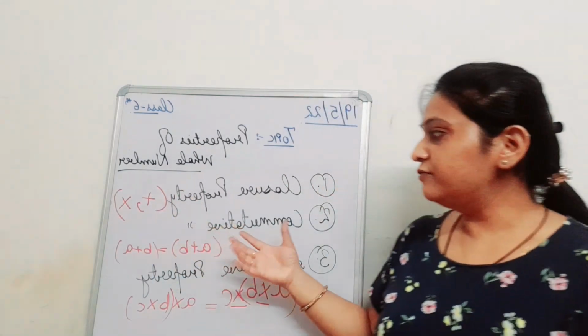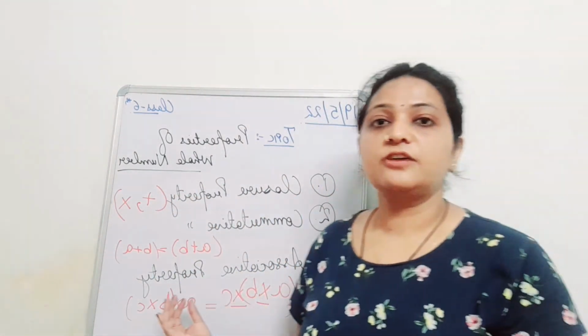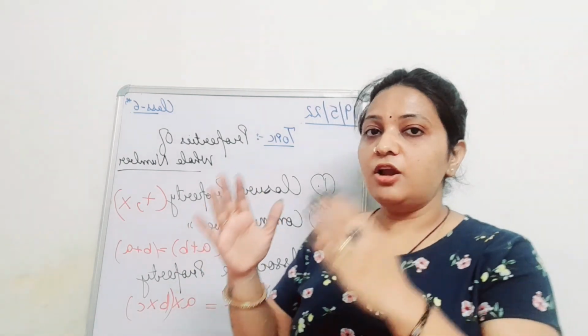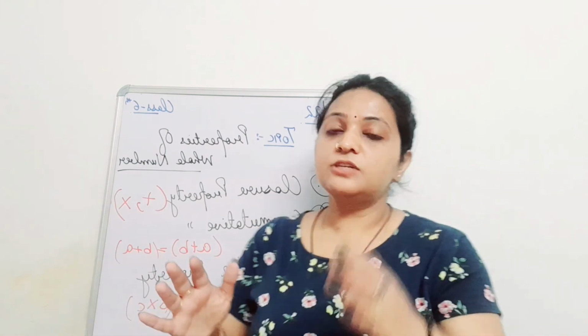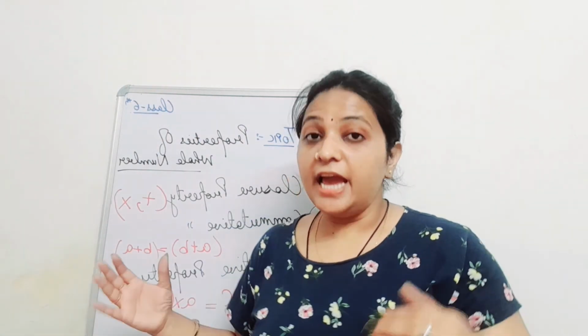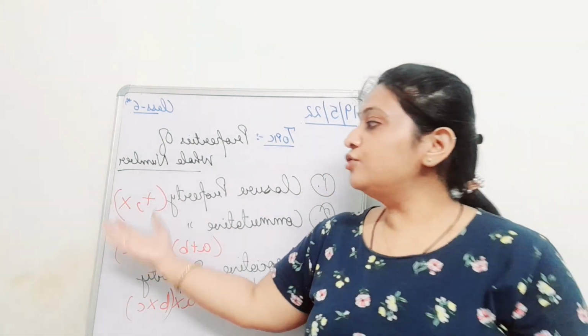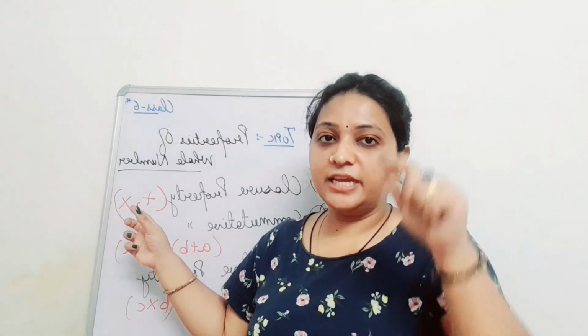You have to write the three properties which we have discussed in today's class, along with the property, like A plus B is equal to B plus A. And along with that you have to give examples where you use these properties in a whole day.